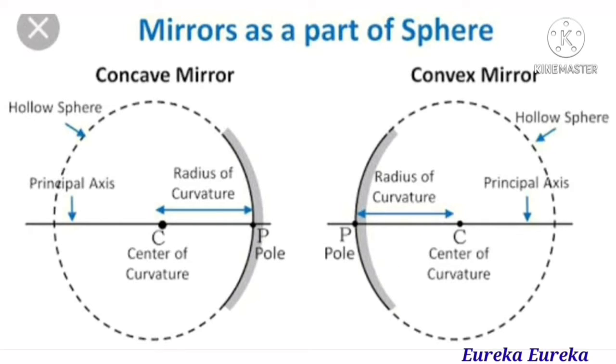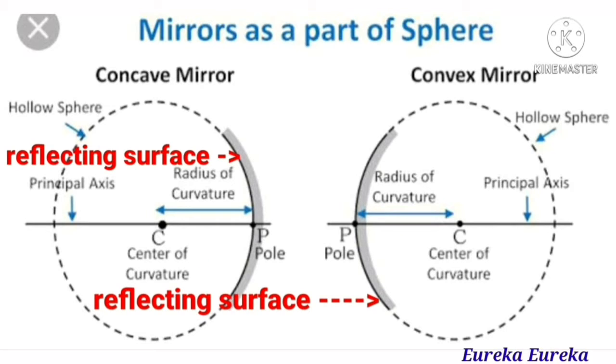The first mirror is a concave mirror and the second is a convex mirror, as you can visualize in the diagram. The related terms are pole, radius of curvature, center of curvature and principal axis. The principal focus is a point which lies on the principal axis.